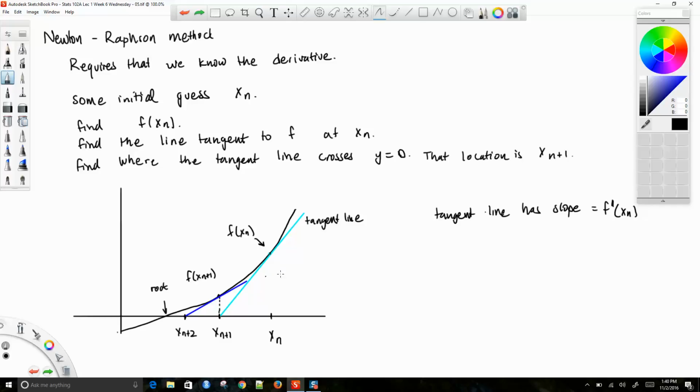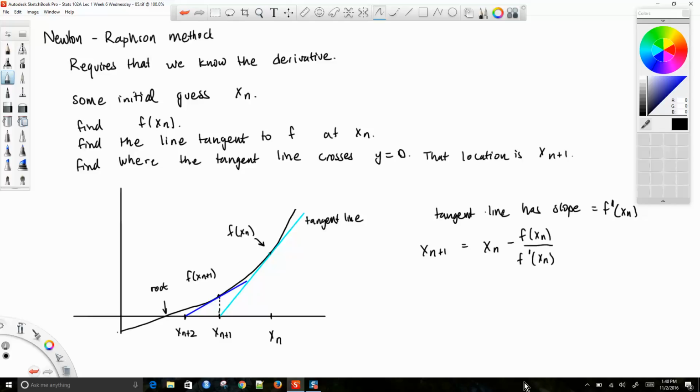Okay. Basically, because we know the slope and we know where we are here, this point x of n plus 1 turns out to be your current location, x of n, minus the ratio between the height of this point and its slope. So it becomes f of x sub n divided by the slope, f prime of x sub n.